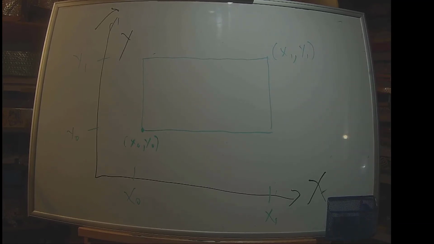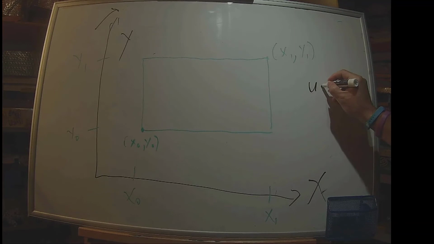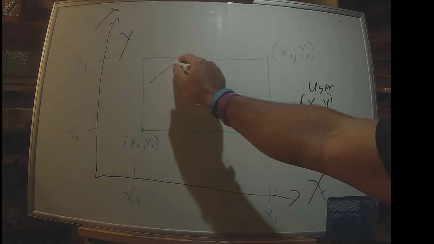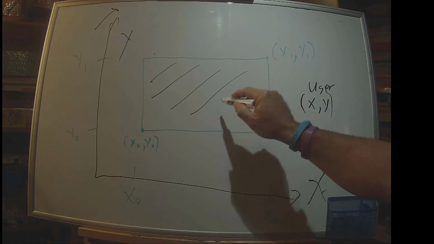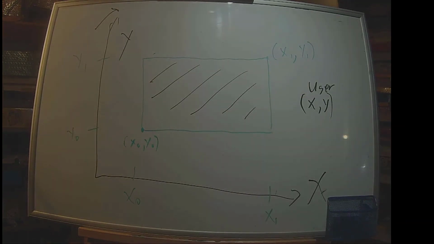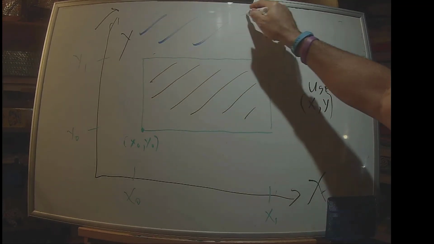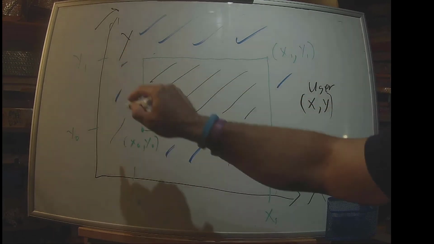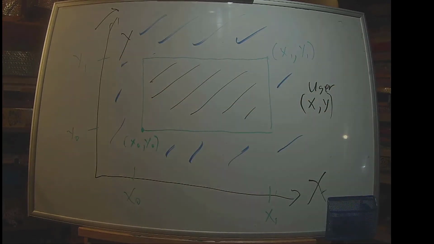And we want to ask the questions. We're going to ask the user to input a value X and Y. And we're going to ask the question, is X and Y in the rectangle? Outside of the rectangle? Or on the green bar along the edges?